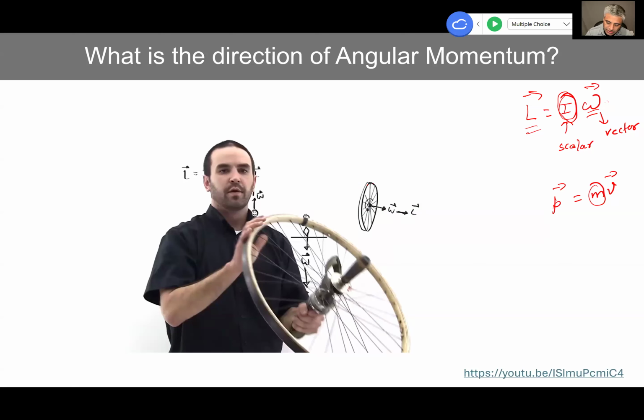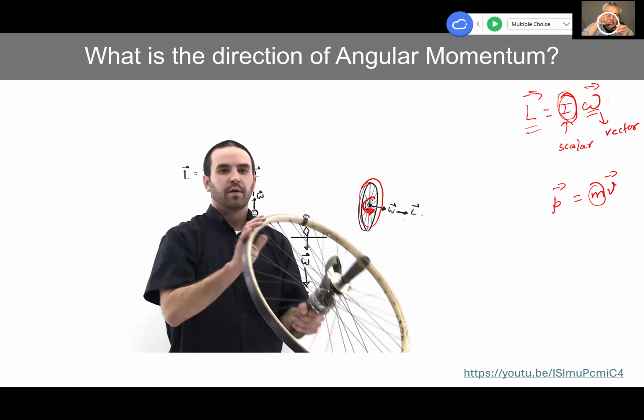So here, what you see, there is this wheel that is spinning this way, okay? It's saying this is in that direction. So if we have a wheel like this, and if this wheel is spinning like this, the actual physical direction of angular momentum is going to be towards you if it is spinning like that.